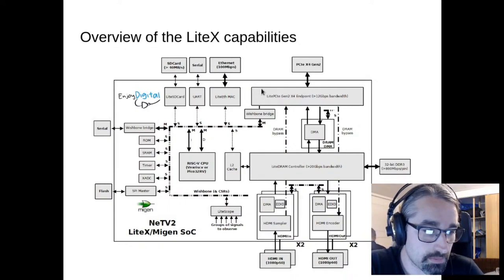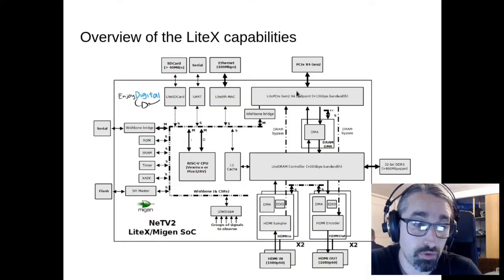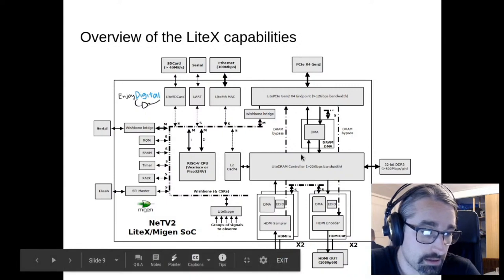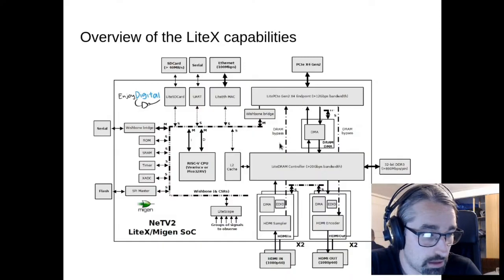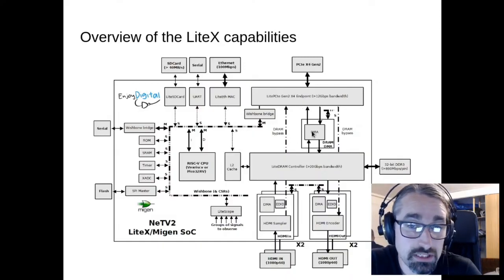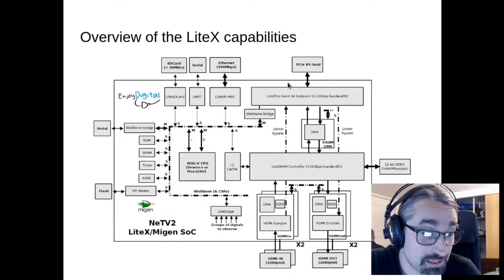There's a LitePCIe block, which supports PCI Express Gen 2 with 4 lanes. You've got DMA engines to enable, well, DMA. And really, if you want to instantiate one DMA controller, it's 2 lines of code. That's it. So it's very nice.